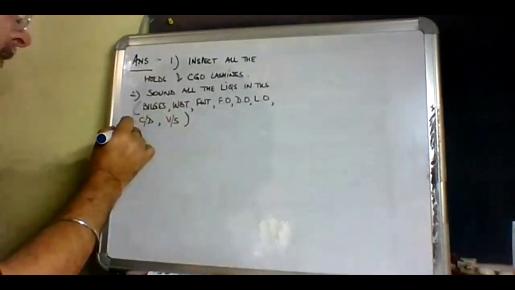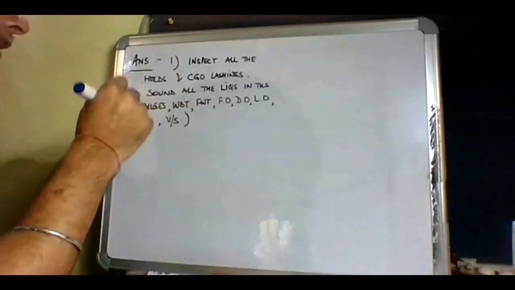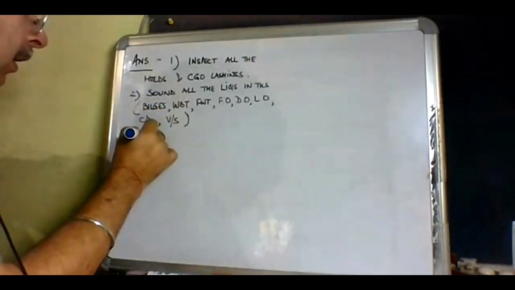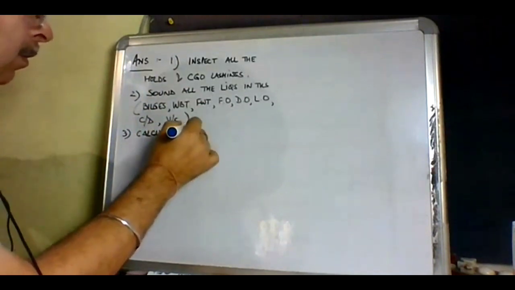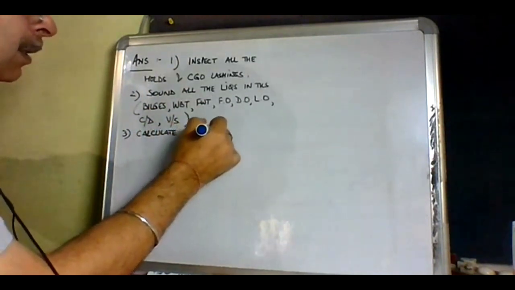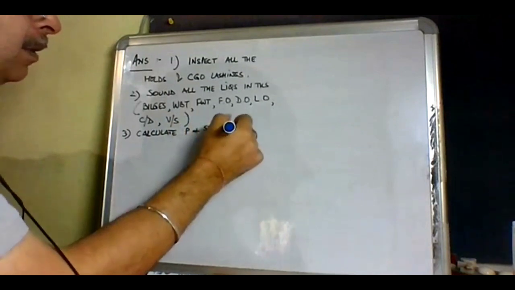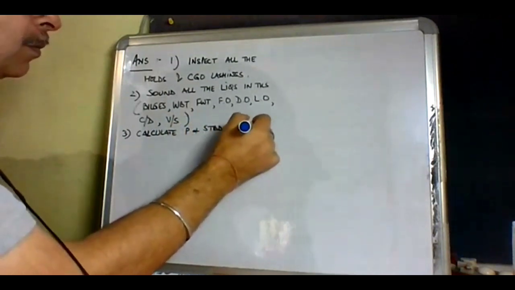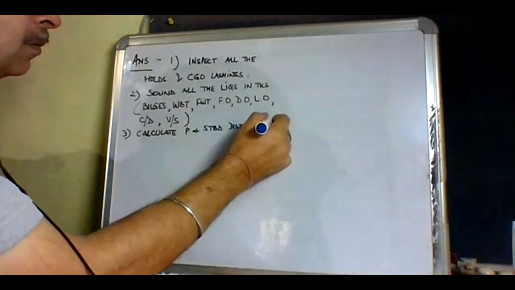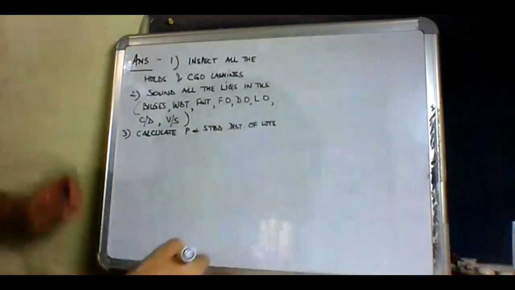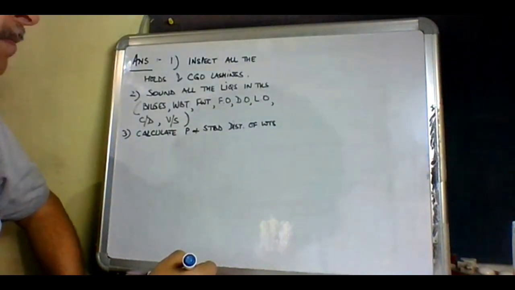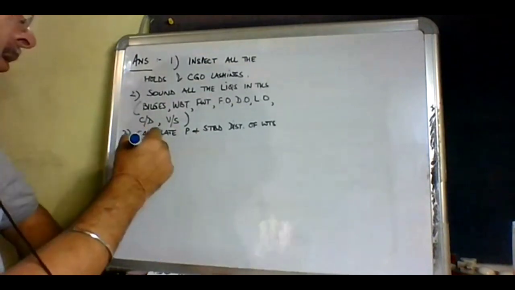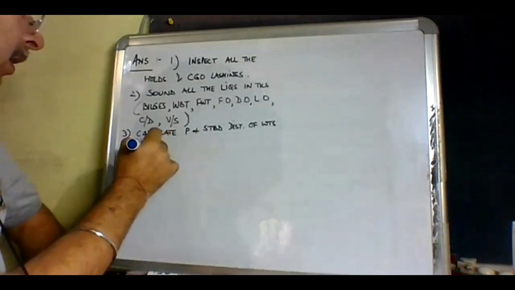What is the purpose of sounding? You will now calculate the port and starboard distribution of weights. So basically, we calculate the port side distribution of weights and the starboard side distribution of weights, right?